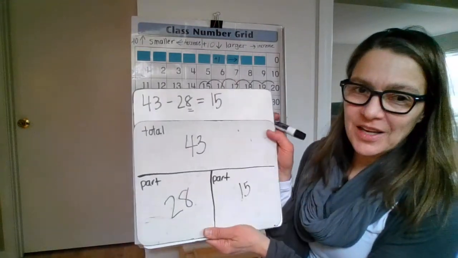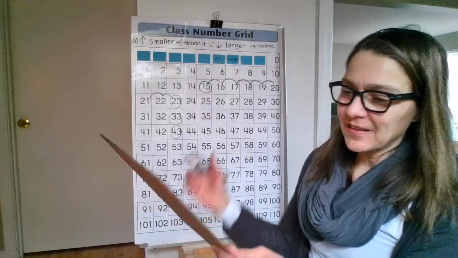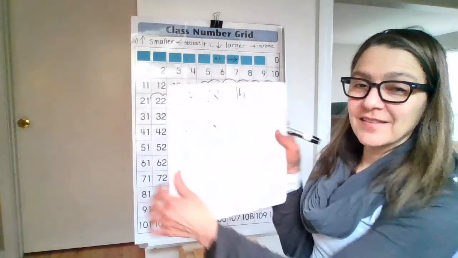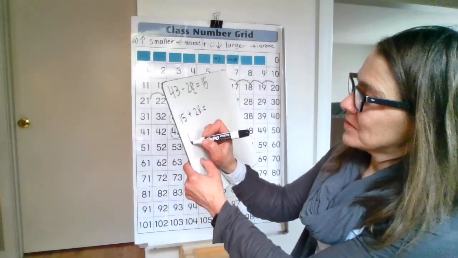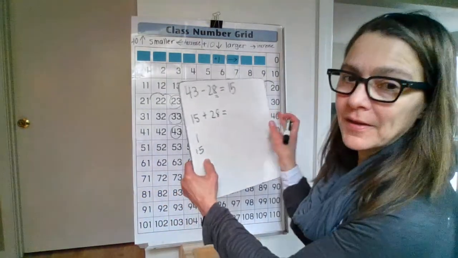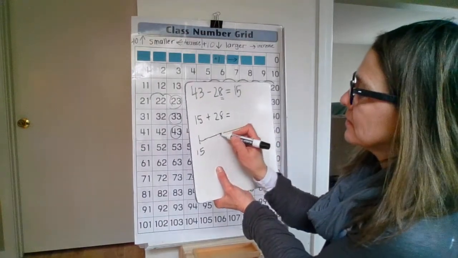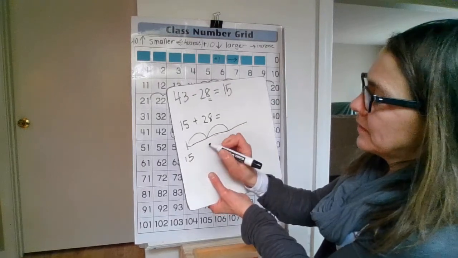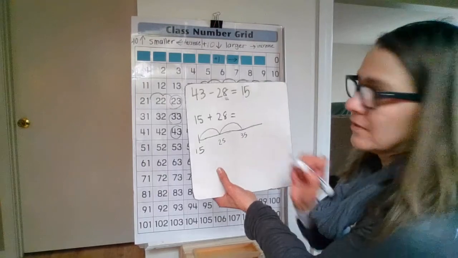And I could double check by addition. So 15 plus 28 should equal 43. Let's see if that works. Okay, so I'm going to start 15 on my number line. And I'm going to increase 2 tenths. 1, 2, and then I have 25 and 35.